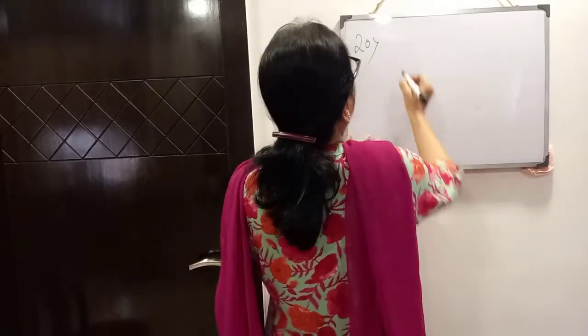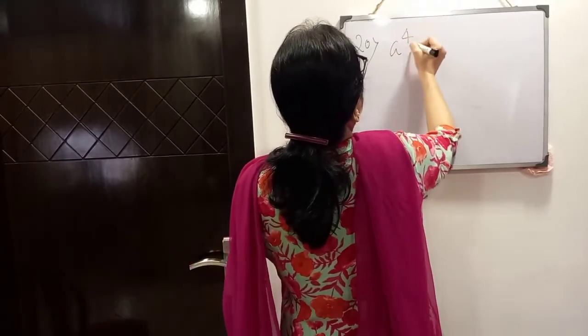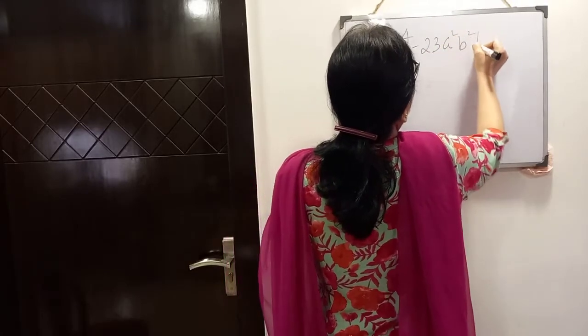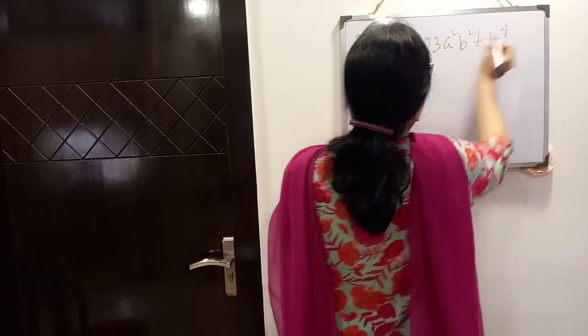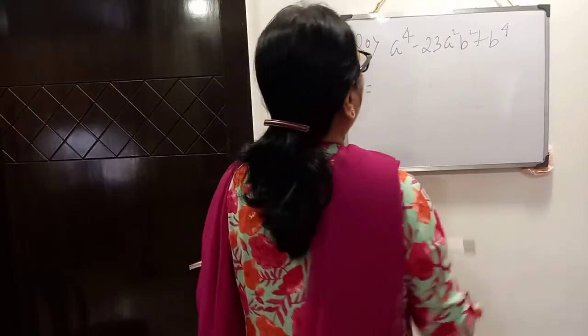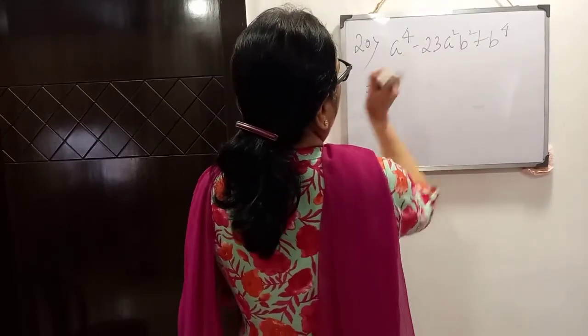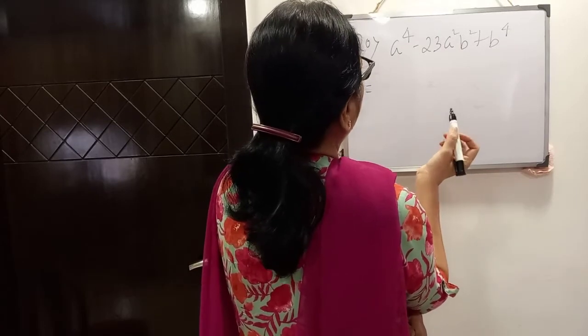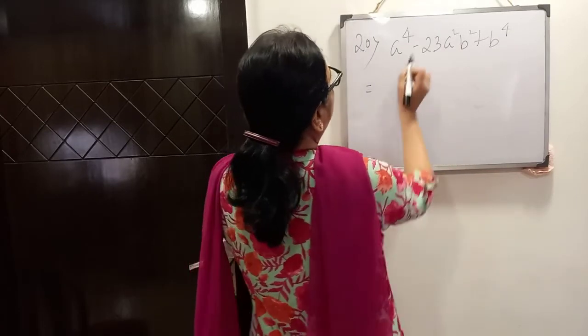a to the power 4 minus 23 a square b square plus b to the power 4. Now see, if I can make it 25, so we can make explicit 5 whole square form. Clear? So what to do? Plus 2 needed.